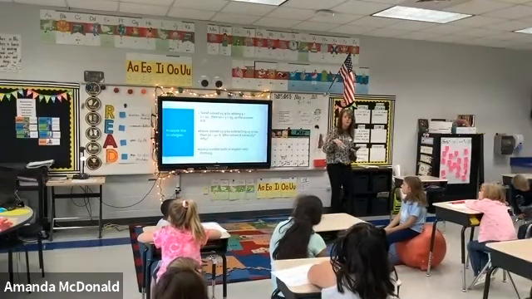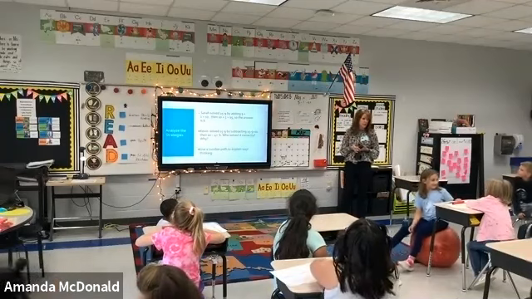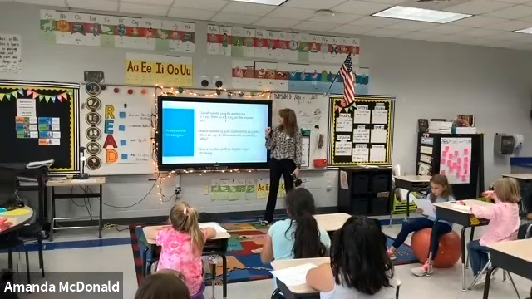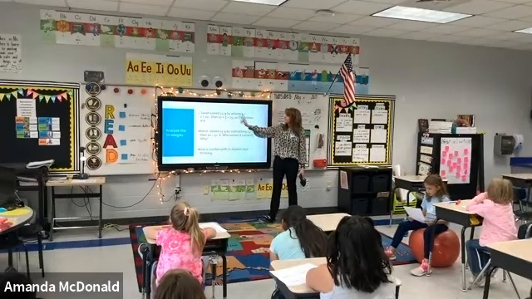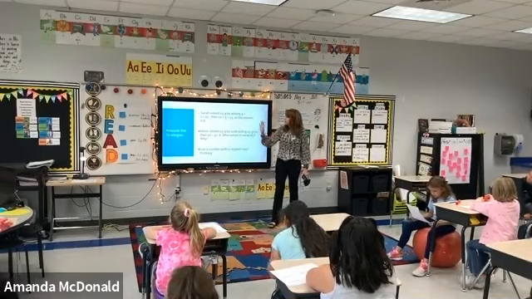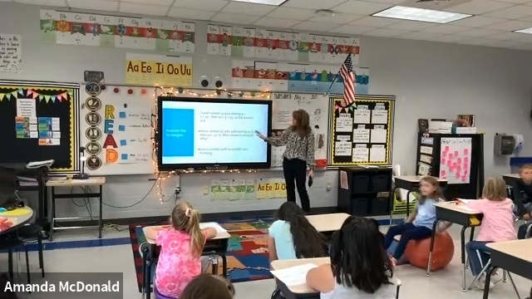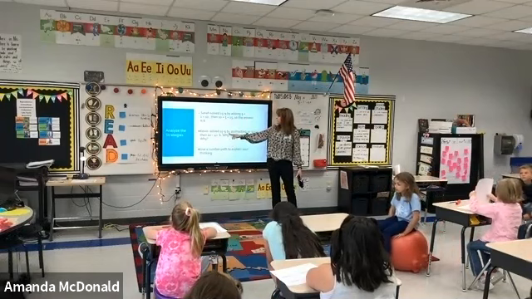So at your desk, you also have this sheet. It says this. I'm going to read it to you. Are you ready? Sarah solved 15 minus 9 by adding 9 plus 1 to get 10, then 10 plus 5 to get 15, and said the answer is 6. Kevin solved 15 minus 9 by subtracting 15 minus 5 and got 10, and then he did 10 minus 4 to get 6.